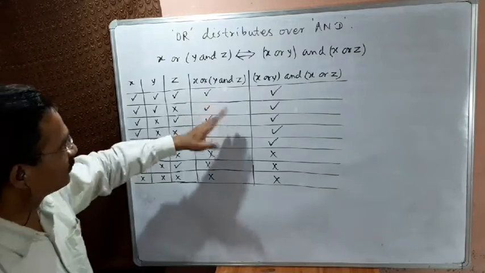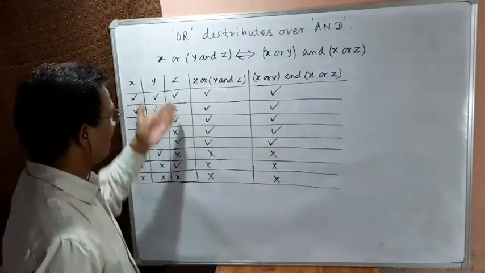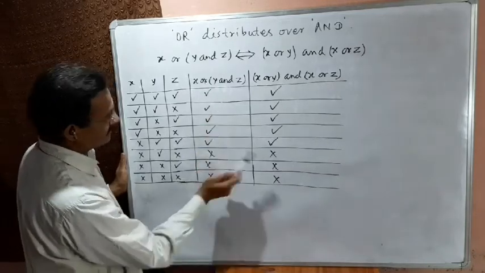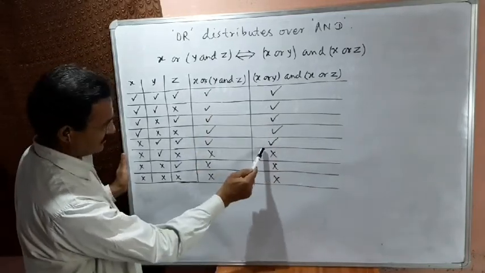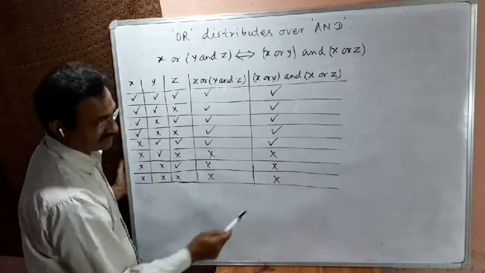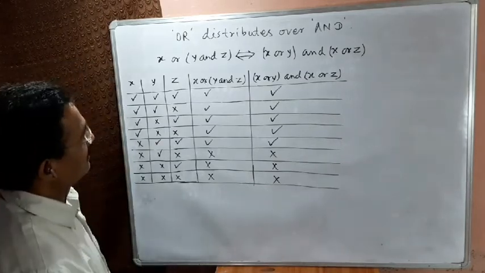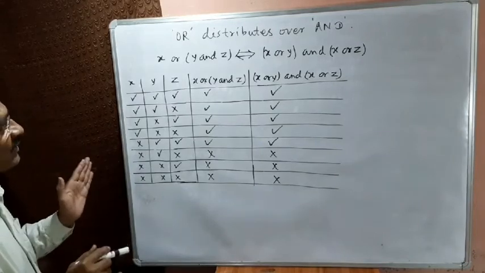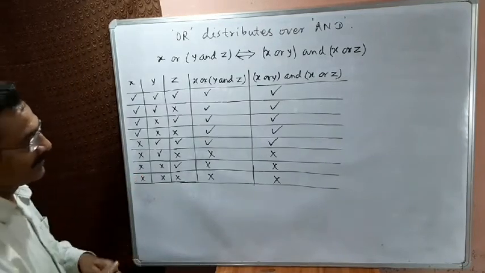Now compare the truth tables of these two in all 8 situations. Whenever these are correct, these are also correct. Whenever these are false, these are also false. Means we have understood that operation of or distributes over and.